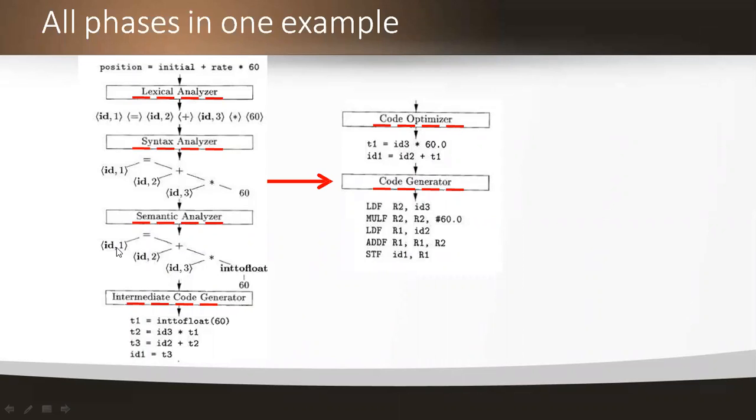See here, ID1 comes under an identifier and has the correct meaning because the name of the token for ID1 is position, the name of the token for ID2 is initial, and the name of the token for ID3 is rate. This is already stored in a symbol table. If I want to know for which character I am defining this ID1, I can easily understand by seeing the symbol table.